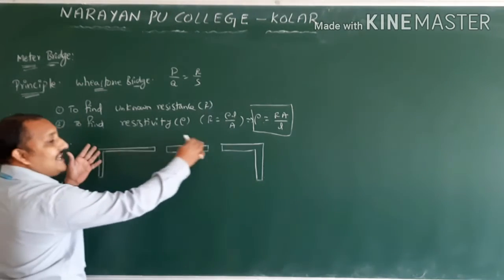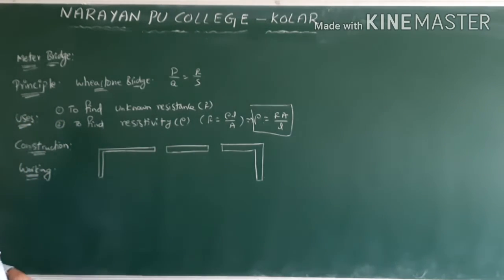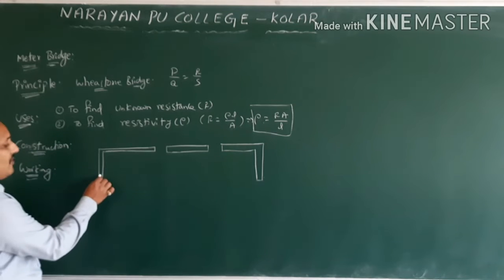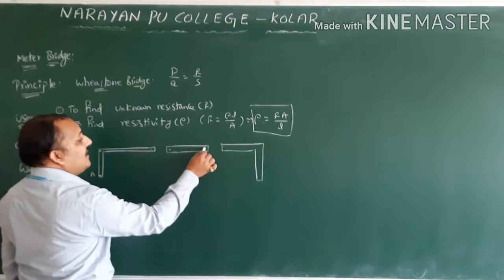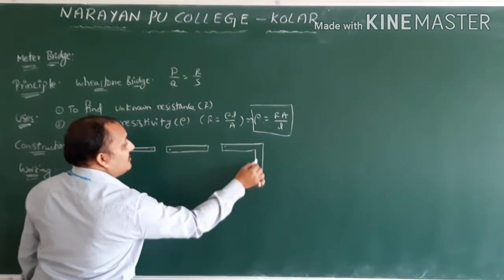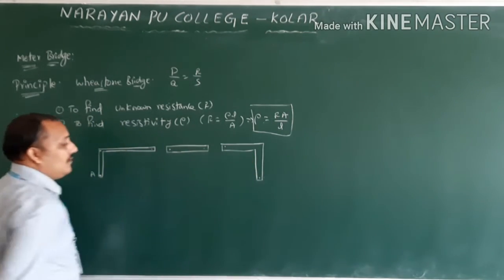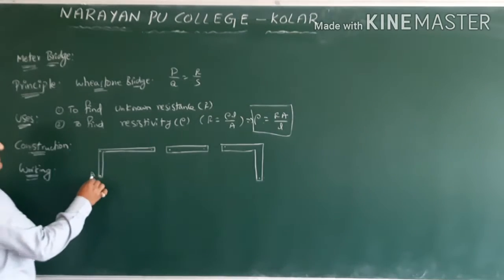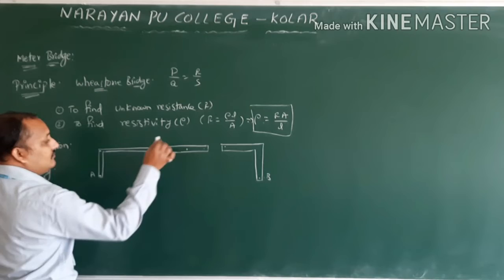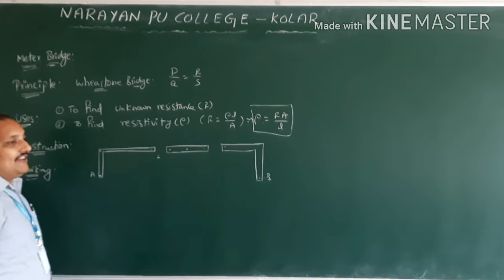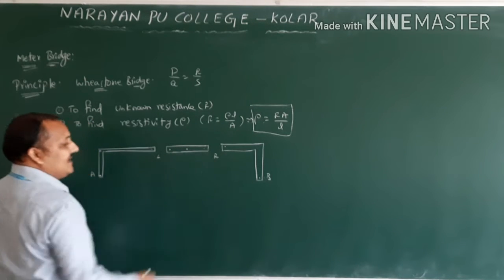All these metal strips are arranged on a wooden board in the meter bridge. Let us assume screws will be there at this point. I think we have already seen those screws. So this is A, this is B. This one we call the left gap, this one we call the right gap.